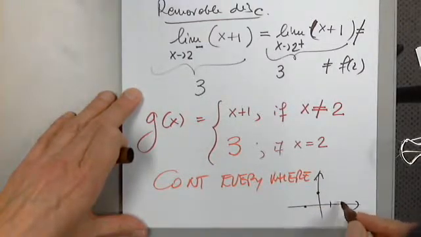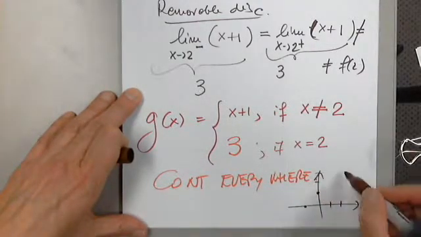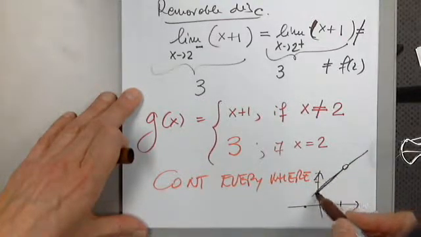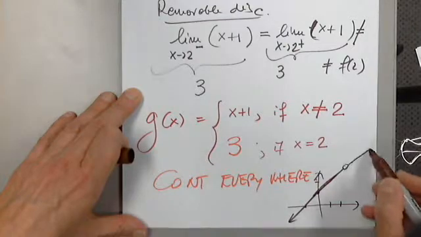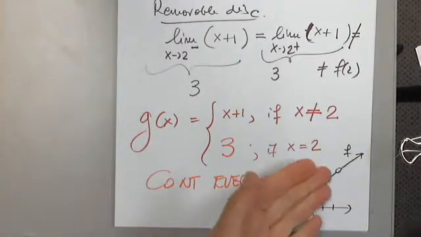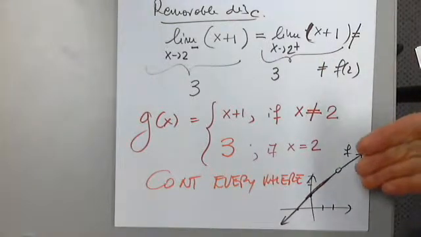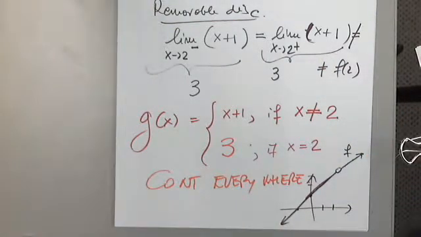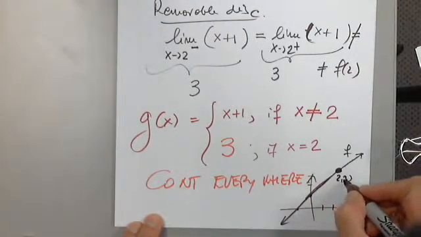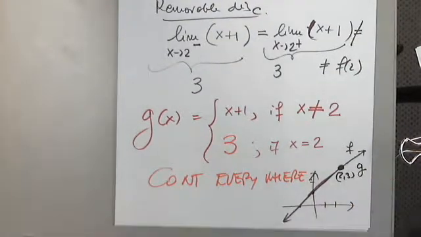And at 2, this was the graph of function f. The limit from the left is 3. The limit from the right of 2 is 3. The only thing I can do is fill this in with the point (2, 3). And now I created function g that is continuous everywhere. That was the only chance.